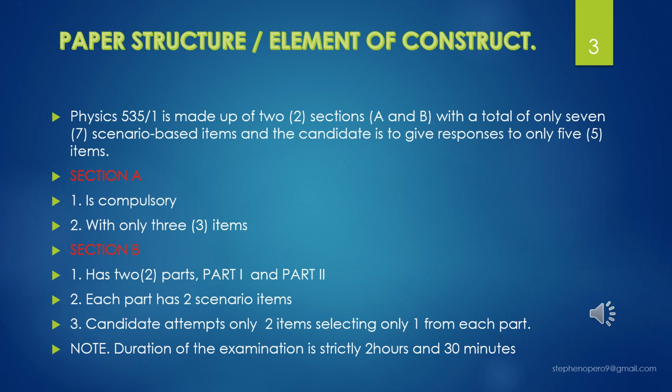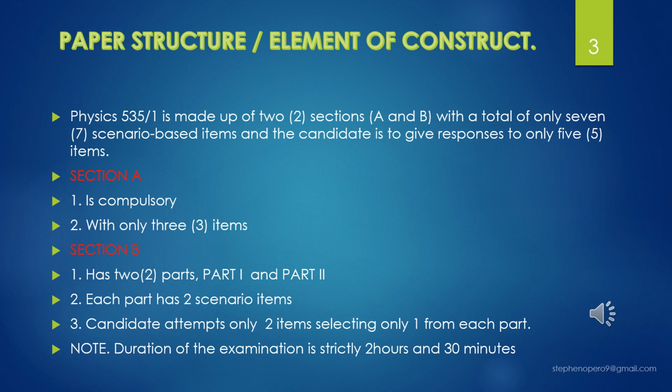Section A is a compulsory section with only 3 scenario-based items, meaning all the 3 scenario-based items from section A must be attempted, or the candidate should respond to all 3 items.